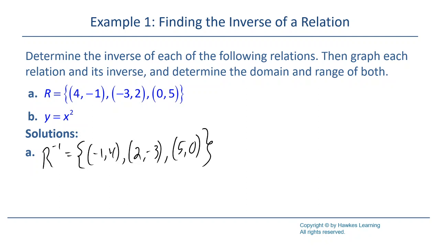Because what the original is saying is 4 maps to -1, -3 maps to 2, 0 maps to 5. Which means your inverse relation would be -1 maps to 4, 2 maps to -3, and 5 maps to 0. So instead of reading the ordered pairs as x, y, you read them as y, x. And that's all it takes for the inverse relation.